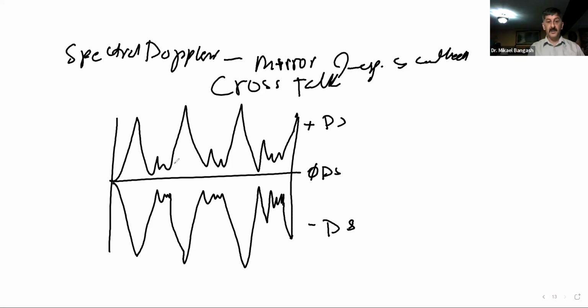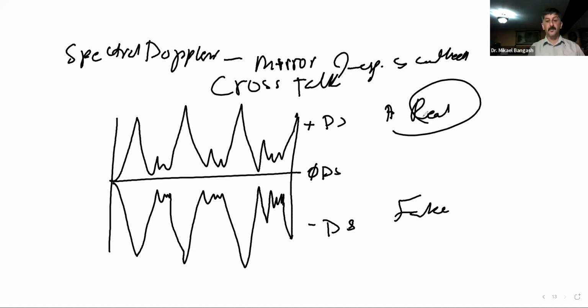Either of these two may be real and fake. It's not as straightforward as in your color Doppler. You might say the one on top is real and the one on bottom is fake.